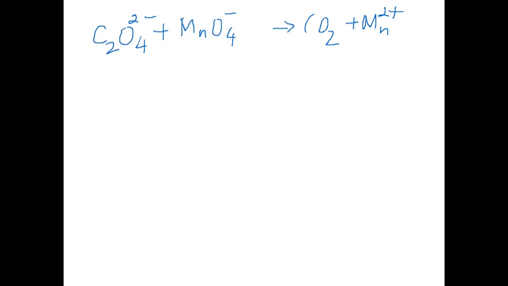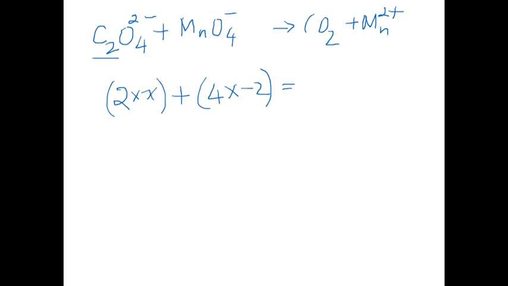In order to balance the equation, the first thing we need to know is the oxidation numbers of elements and identify those elements that are undergoing a change in oxidation. So we are going to find the oxidation number of carbon first in oxalate ions. There are 2 carbon atoms, therefore it's 2 times X, the unknown oxidation number, plus 4 oxygens times -2, the oxidation number of oxygen.